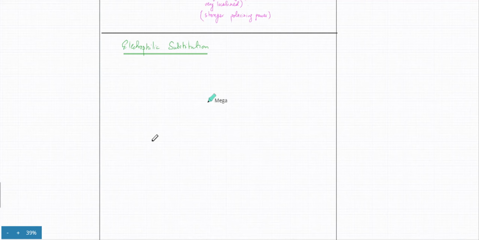What happens in electrophilic substitution is कि पहले तो alkenes का, ठीक है? Let's do a comparison, a small comparison with alkenes. So a comparison with electrophilic addition in alkenes.